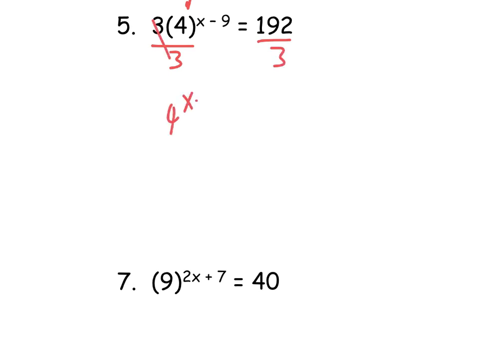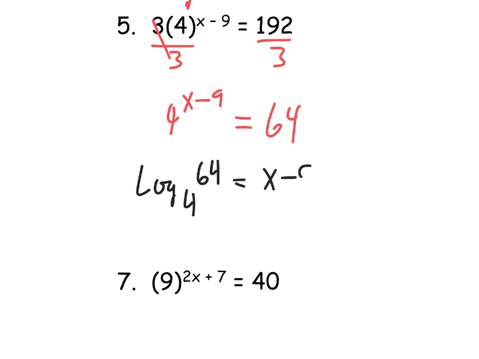This is 4 to the x minus 9 power equals whatever 192 divided by 3 is, 64. Now I could get these two the same base, but I'm not going to. I'm just going to do log base. My base for my exponent is x minus 9, so this is log base 4 of 64 equals x minus 9.